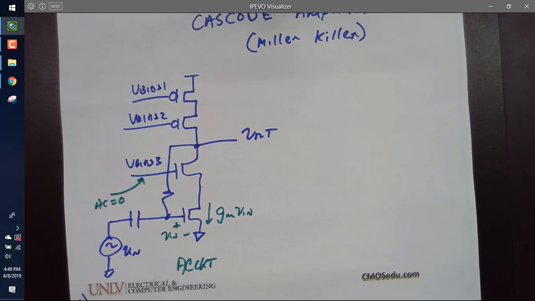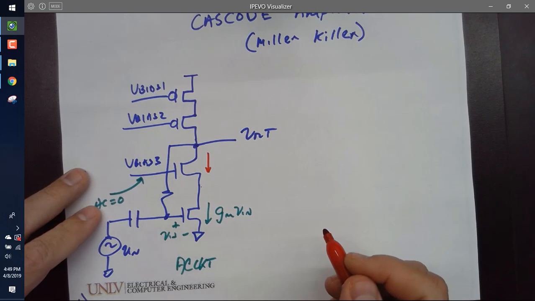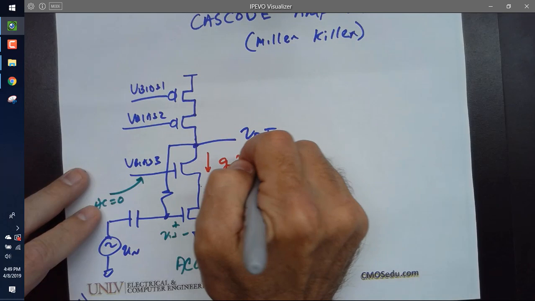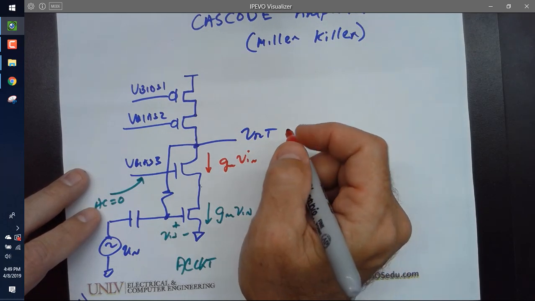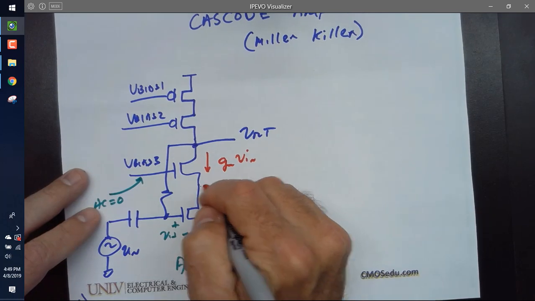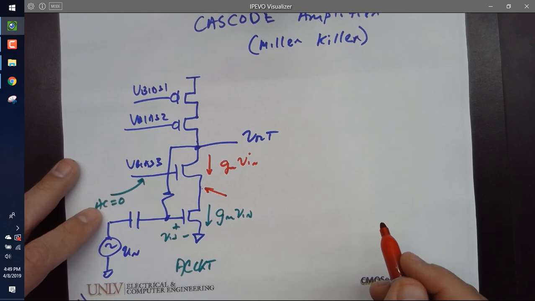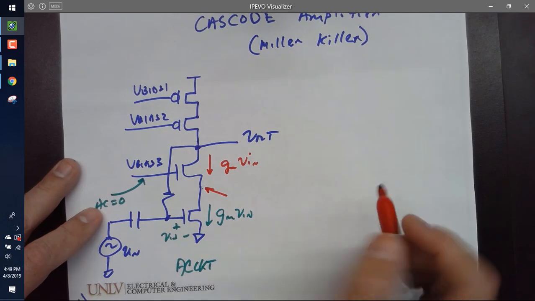So if that's 0, and we say the current flowing in here has got to be roughly what? Would everybody agree with that? What is that voltage right there? AC circuit. This is 0.